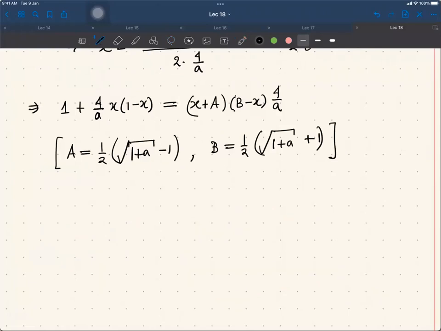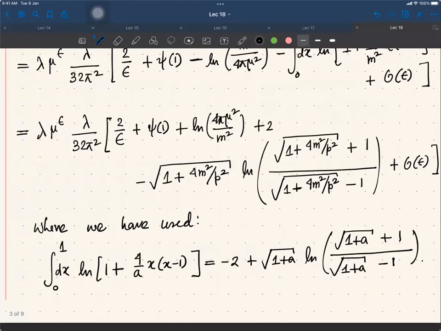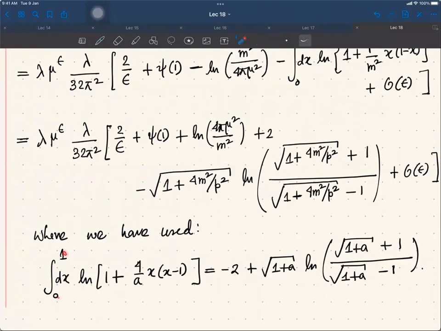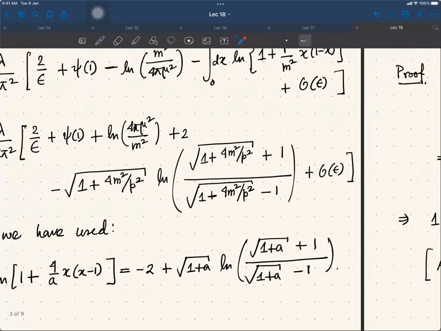Then we wanted to calculate this integral, dx from 0 to 1 of the logarithm of this.